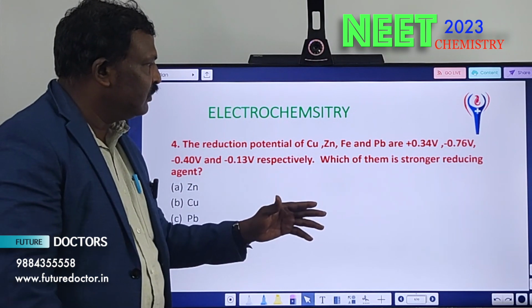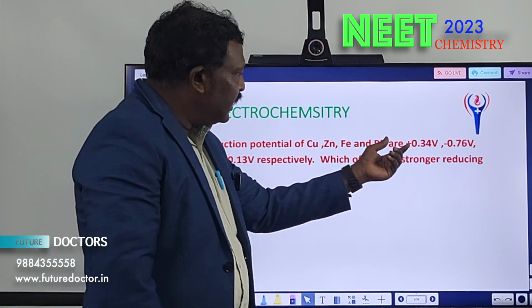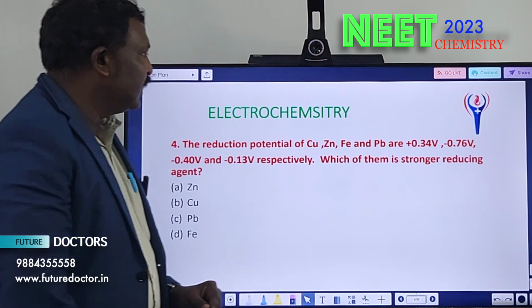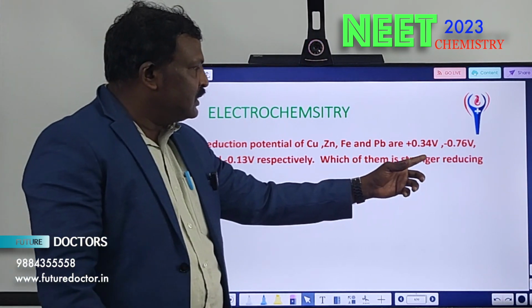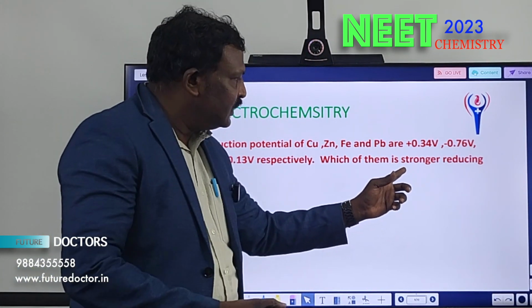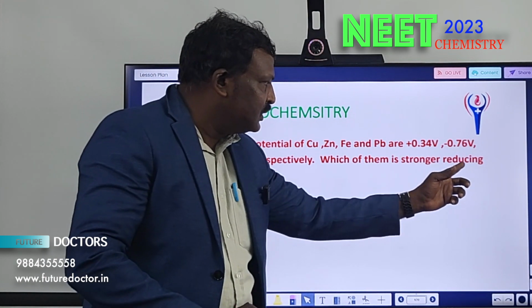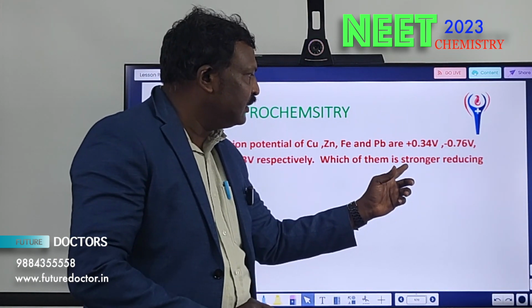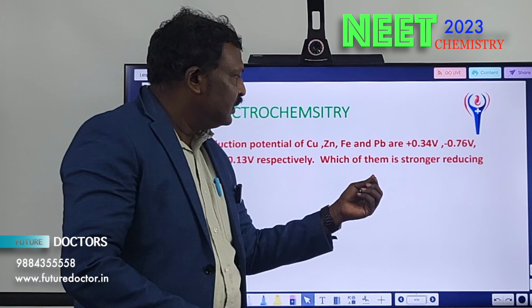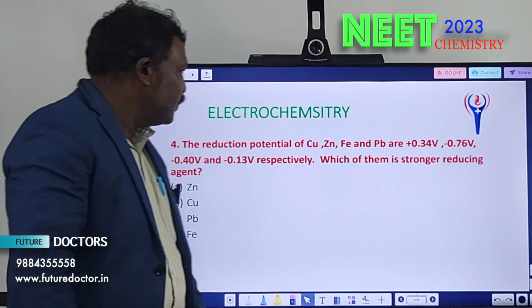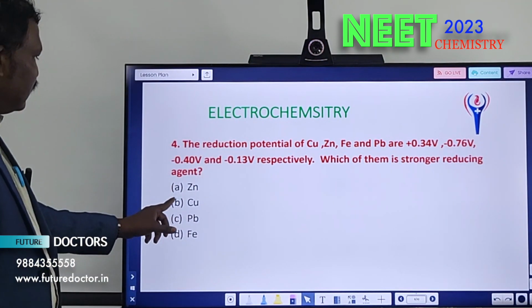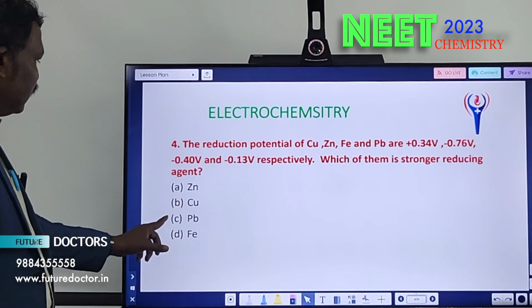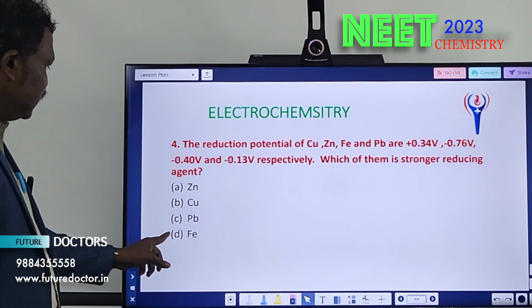The more negative the value, the stronger the reducing agent. That only you should keep in mind. From this we can find out which one is the stronger reducing agent. Option A zinc, option B copper, option C lead, option D iron.